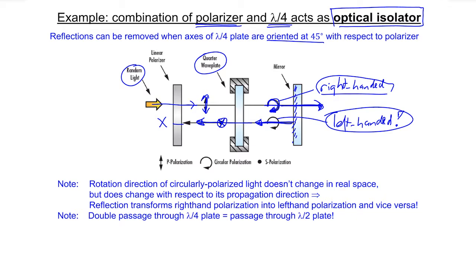So a cute way to isolate reflections, because any reflections you had from the mirror, sometimes spurious reflections you want to remove in an experiment, you can remove by this combination of polarizer and quarter wave plate.